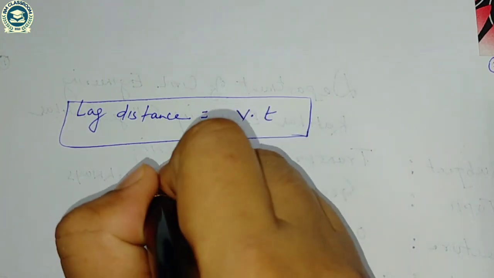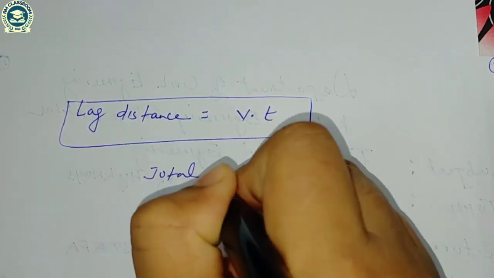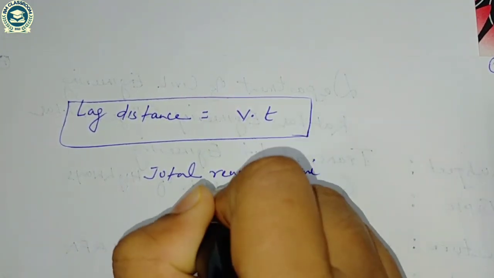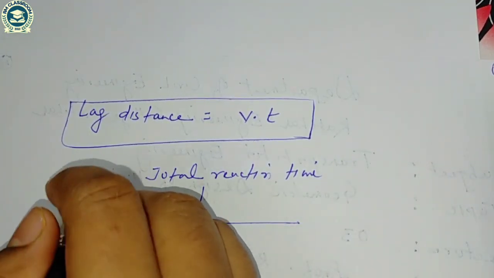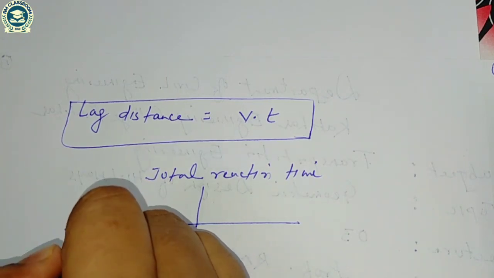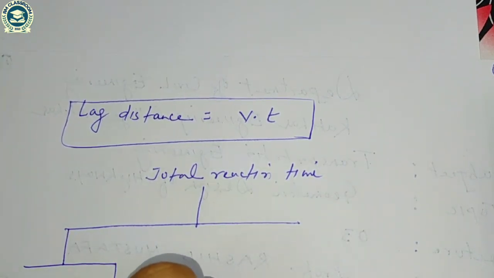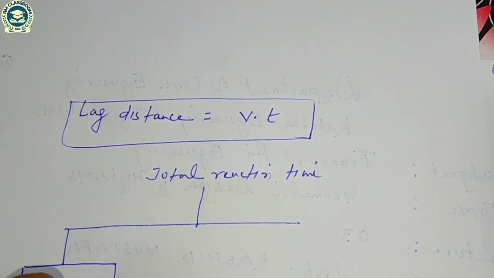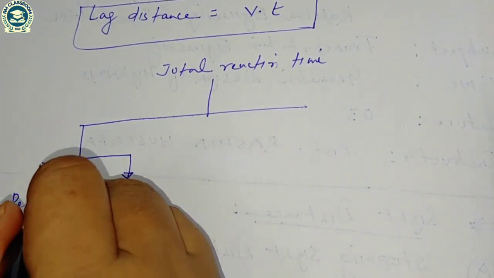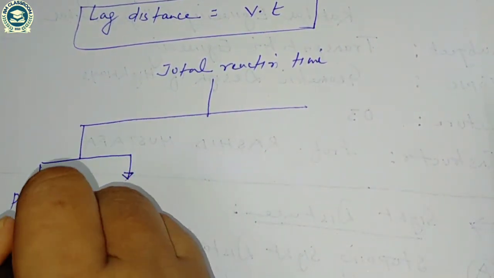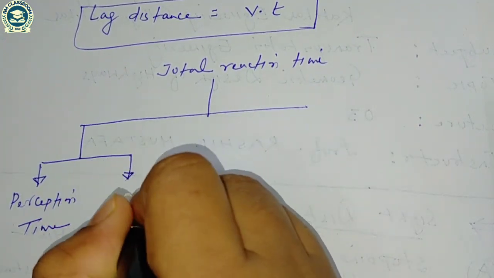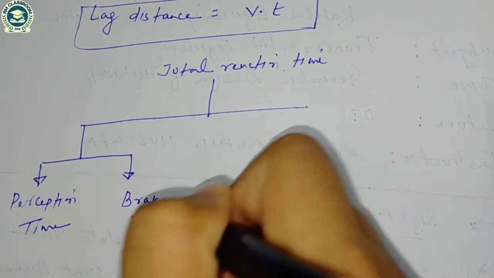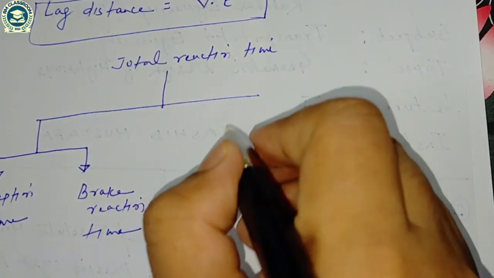Total reaction time I have discussed. This total reaction time is divided into two: one is called perception time, and the second one is brake reaction time.